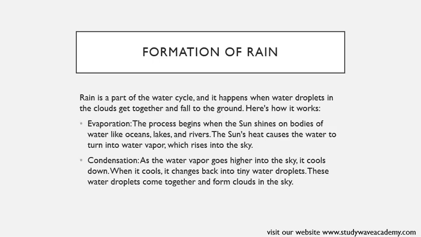Here is how it works. Evaporation. The process begins when the sun shines on bodies of water like oceans, lakes, and rivers. The sun heat causes the water to turn into water vapor, which rises into the sky.